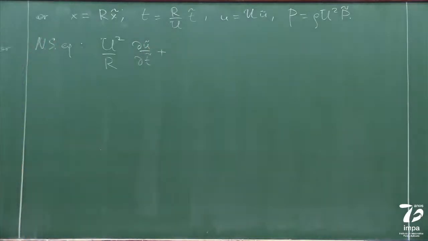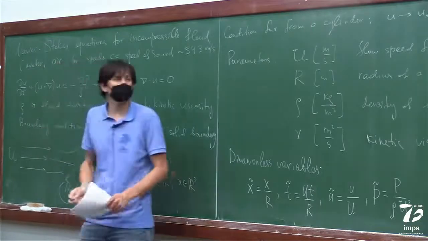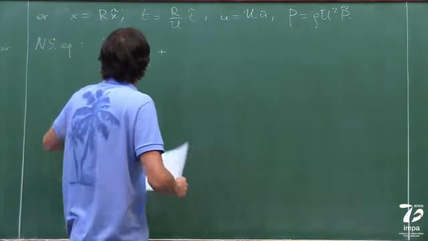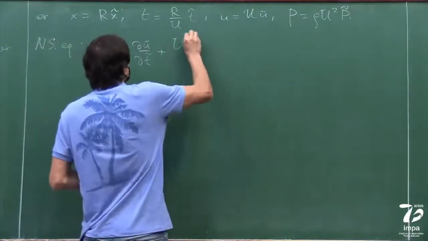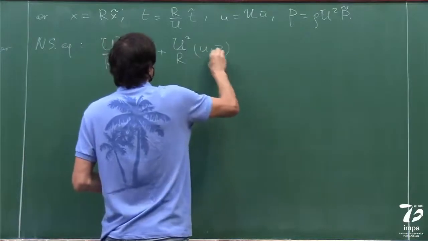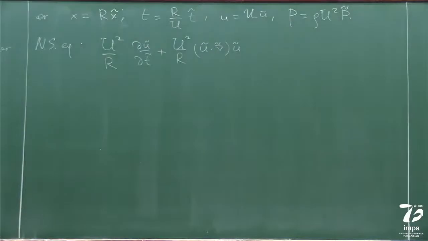The same coefficient comes from u grad u, so it will be U squared over R, where everything is now with respect to the dimensionless coordinates.